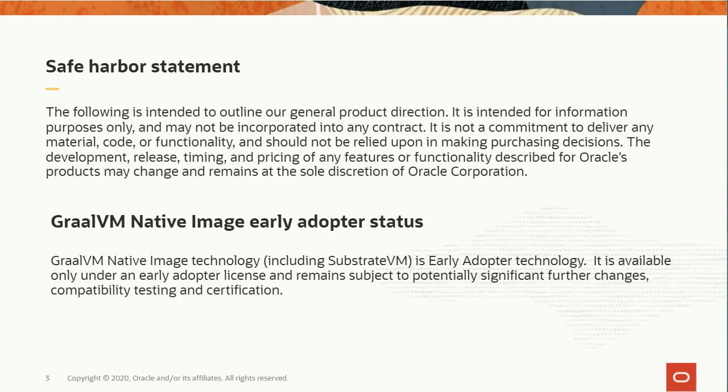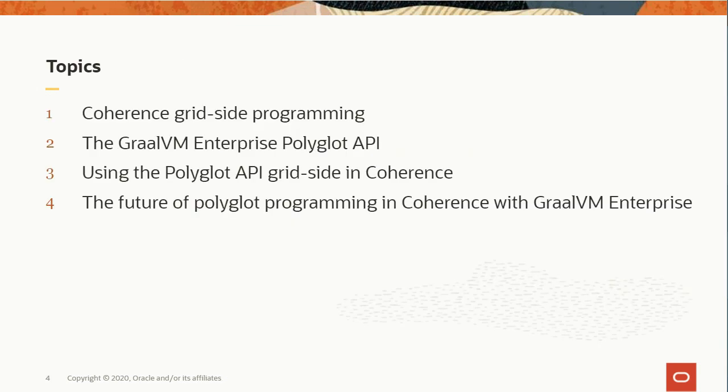So I do need to give the safe harbor statement because there's a bit of future-looking information at the end of the presentation, and also point out that the GraalVM native image is in early adopter status, so it has an additional caveat here. So our topics today, I'll talk a little bit about Coherence, what it is, and grid-side programming in Coherence.